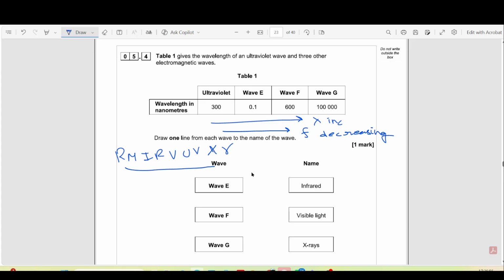As you go towards gamma, frequency increases, and frequency and wavelength are inversely proportional. So wave E is X-ray and wave F is visible light. And the other one is infrared.